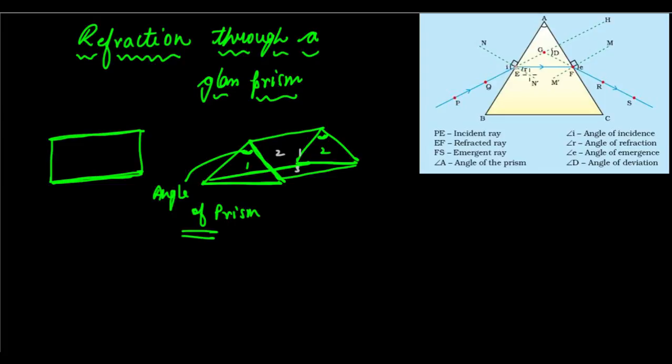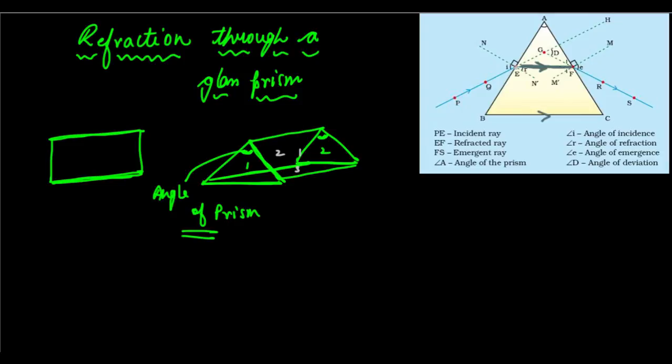So it is going to move towards the normal, towards N dash, and then it emerges straight and parallel to the base. This is the angle of incidence, this is the angle of refraction, and the refracted ray emerges parallel to the base of the prism, right?